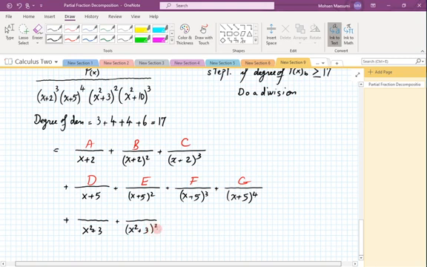Any of them could be. So what's supposed to be in the numerator of these things? G, H, I, J, K. So now Hx plus I, Jx plus K.